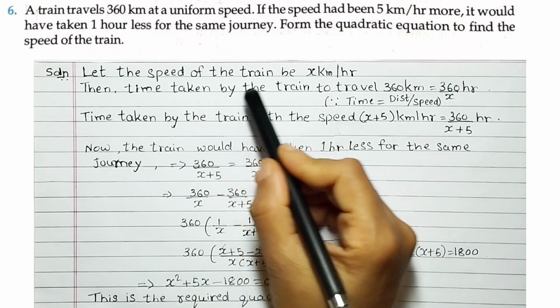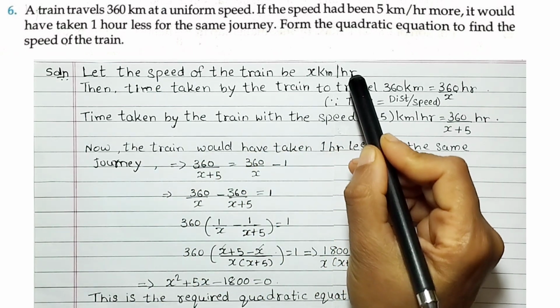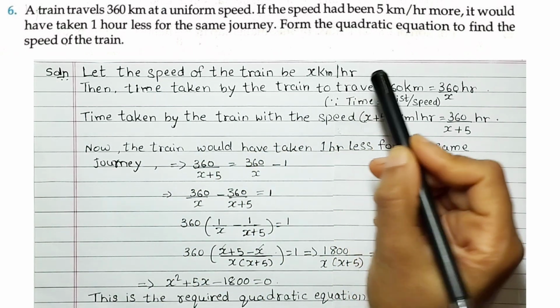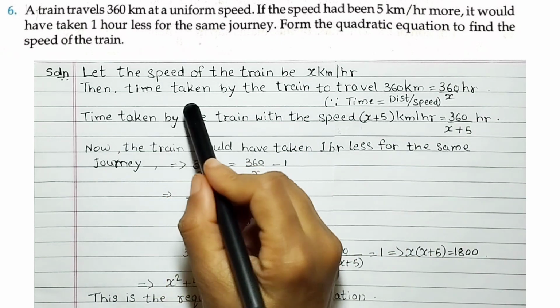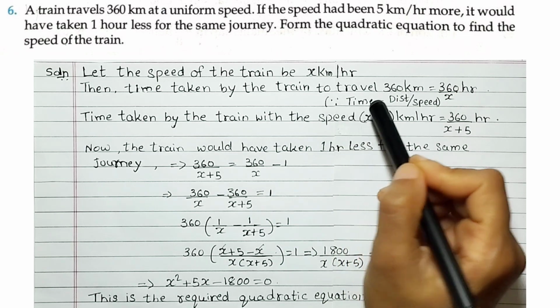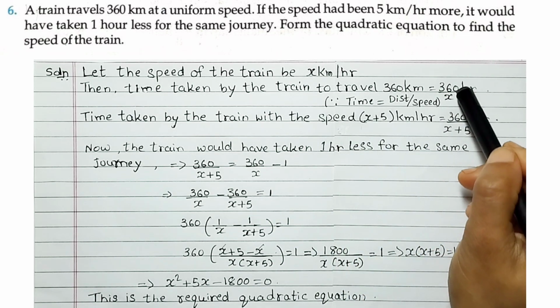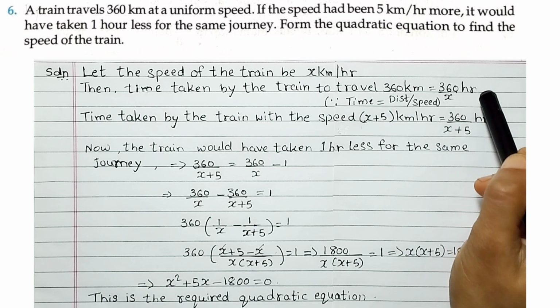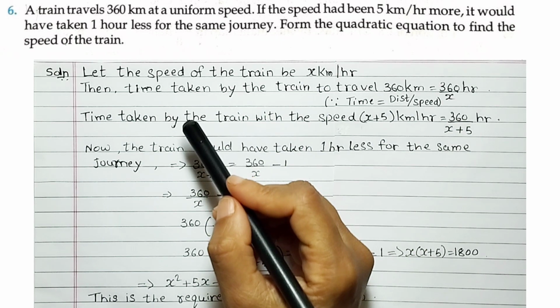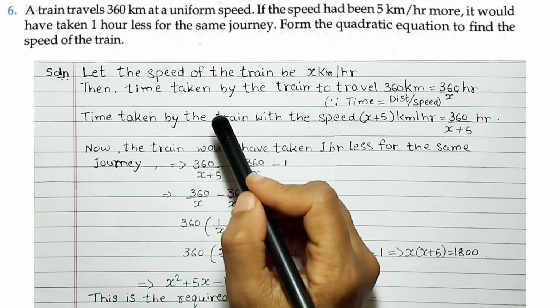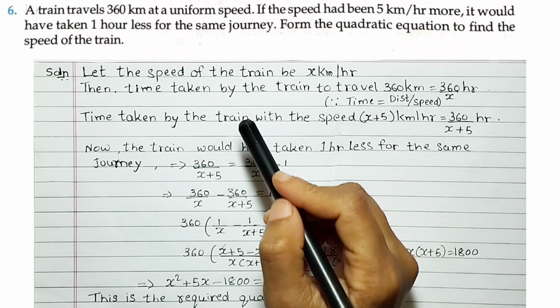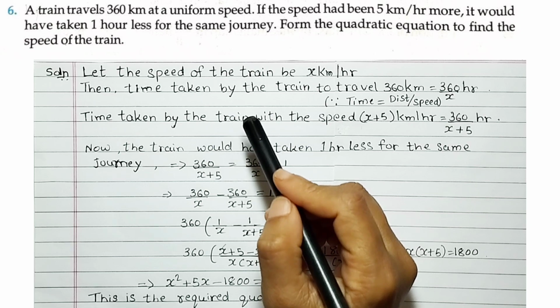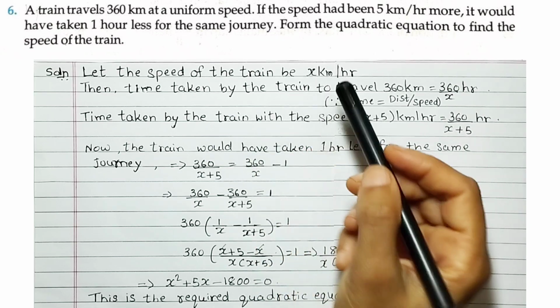Solution. Let the speed of the train be x km per hour. Per hour means we require time. We know that time is equal to distance by speed. Then time taken by the train to travel 360 km is 360 by x hour. This is the original time taken. Given that if the speed had been 5 km per hour more, that means we have to add 5 km per hour to the original speed x.